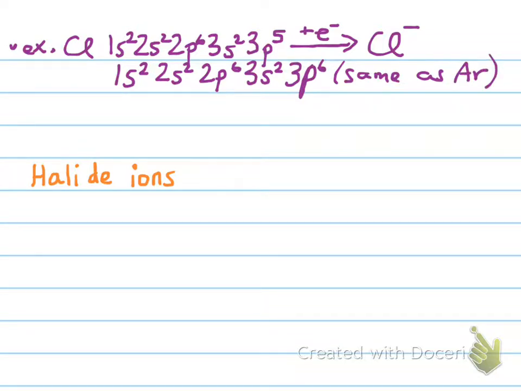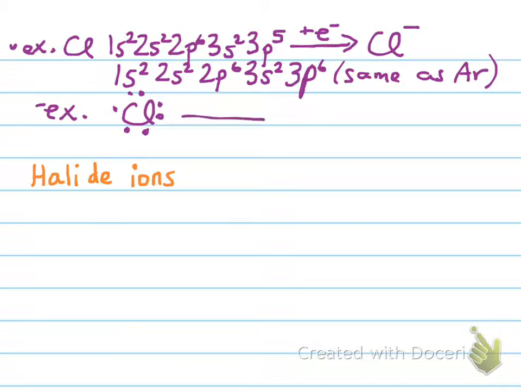We can also look at this using that electron dot structure. So we can say chlorine is in group 7A, so it has 7 valence electrons. So 1, 2, 3, 4, 5, 6, 7. Again, it doesn't really matter that much where you put them.